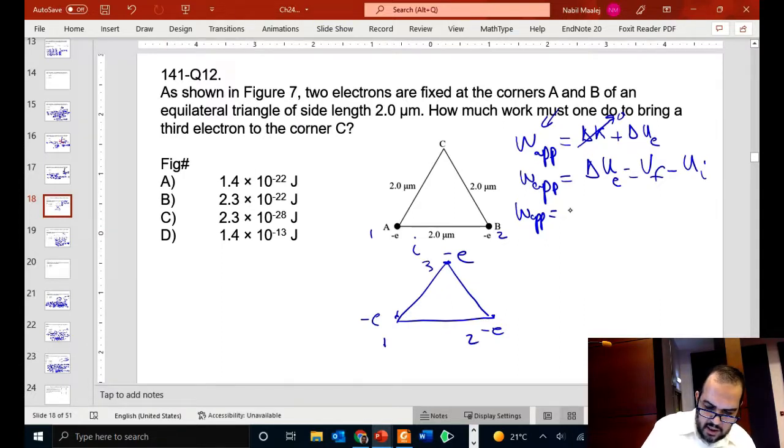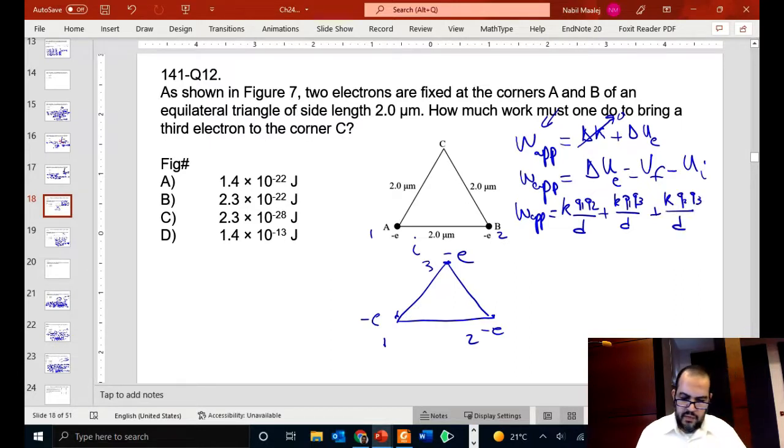So this is K Q1 Q2 divided by the distance, plus K Q1 Q3 divided by the distance, and Q's are minus E in all of these cases. Q is minus E, plus K Q2 Q3 divided by the distance.